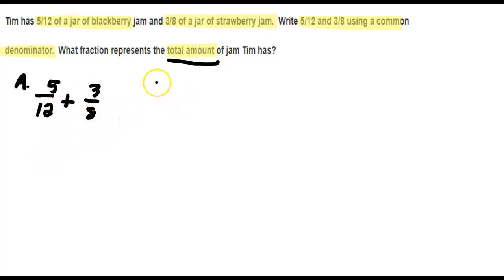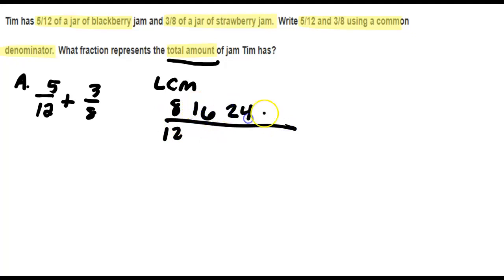And if I list my multiples of 8 and 12, 8 times 1 is 8, 8 times 2 is 16, 8 times 3 is 24, 8 times 4 is 32, 12 times 2 is 24, 12 times 3 is 36, and I can stop because I already see a common denominator, and it's going to be 24. So I'm going to make these two 24.